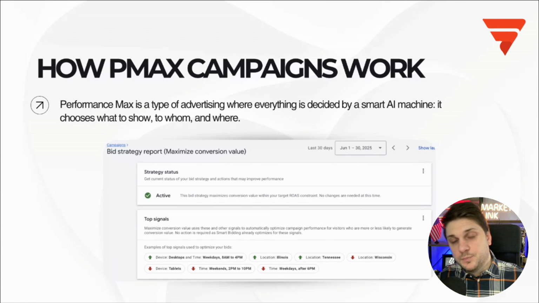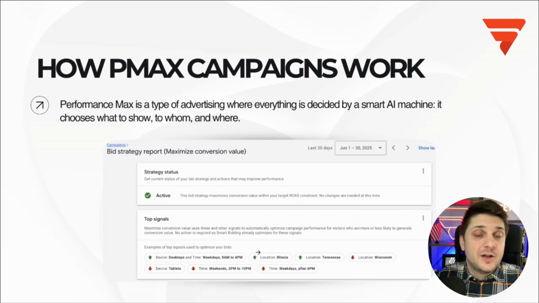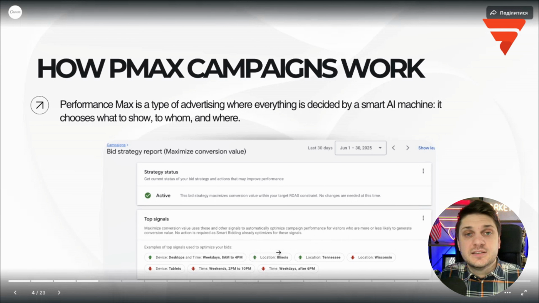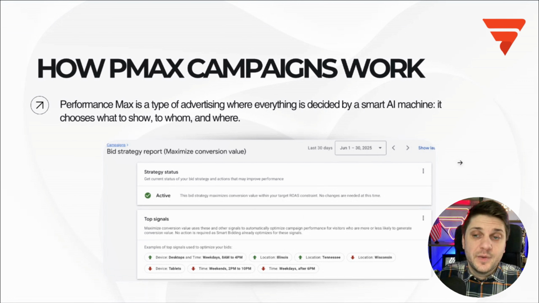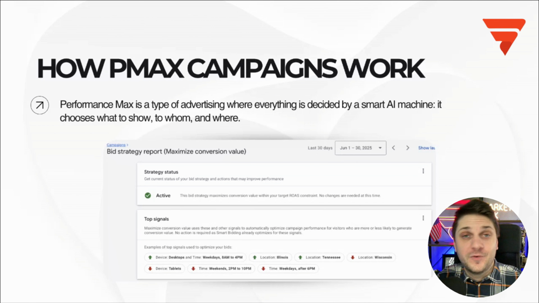Sometimes this works better, sometimes worse, and as you see, Google can automatically scale a location where we have better results, or decrease a location when results are worse. So it works automatically. Sometimes good, sometimes not, and I will show you how this should be and how to improve the efficiency of your campaigns.